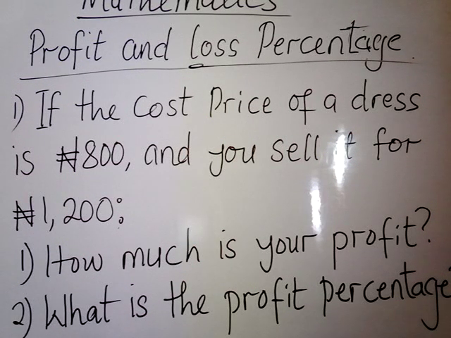And if you buy something and then for any reason you sell it at a lower price than the amount you bought it with, the money that is short of what you bought it with is your loss. So to calculate profit, what you simply do is subtract your cost price from your selling price.